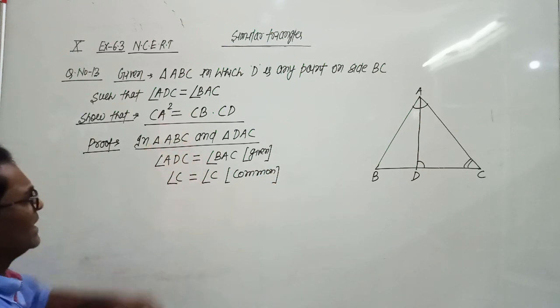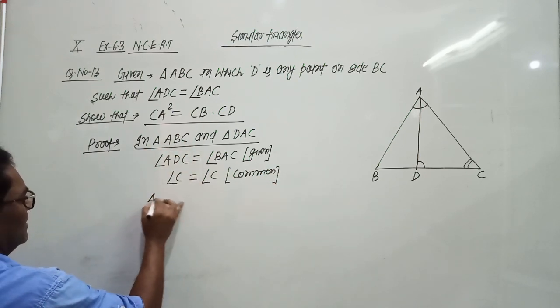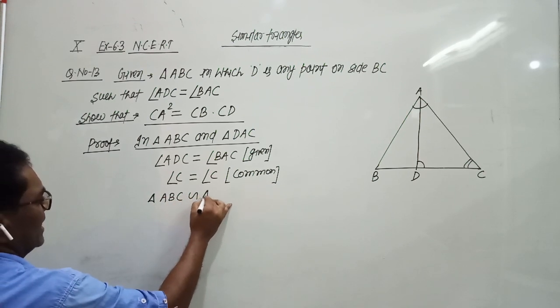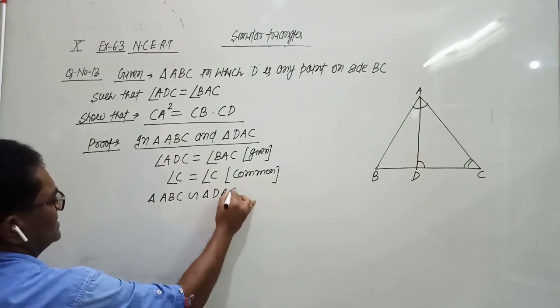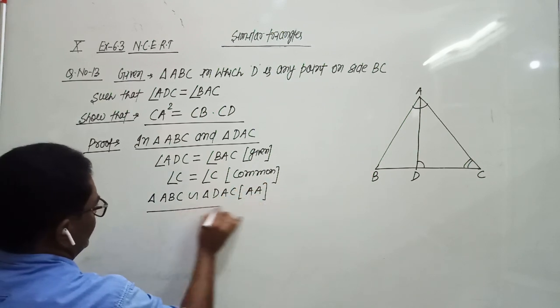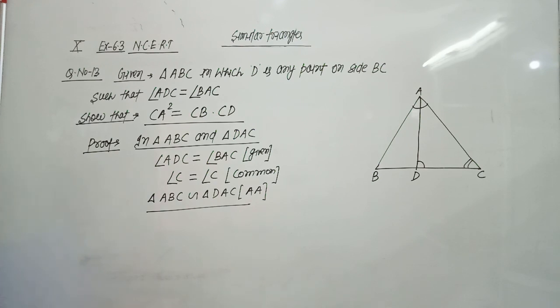Therefore, these two triangles are similar. Triangle ABC is similar to triangle DAC by AA similarity criteria. Therefore, their sides must be proportional.